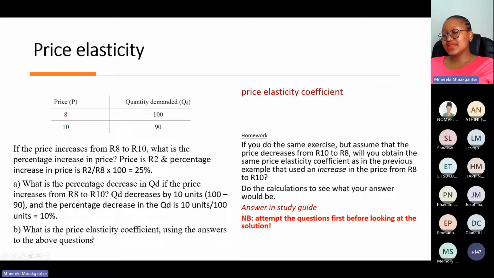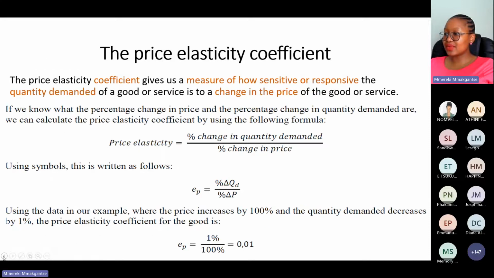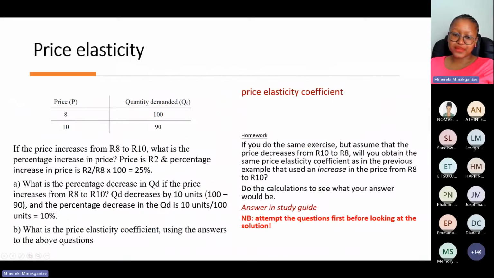So now, what is the price elasticity coefficient using the answers above? With this, use the information I just gave you and calculate the price elasticity coefficient. Just give me a random number in the chat. Calculate.